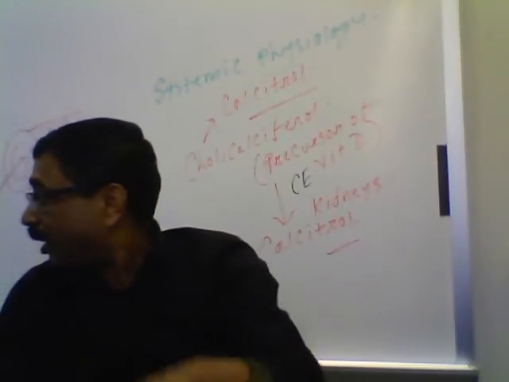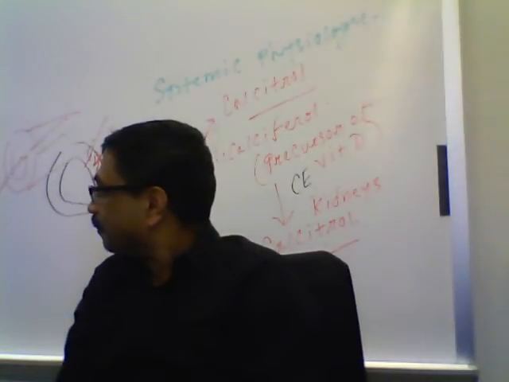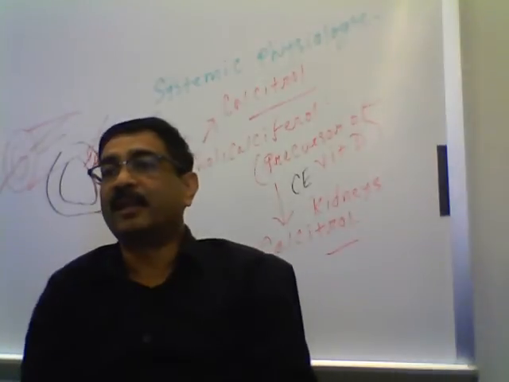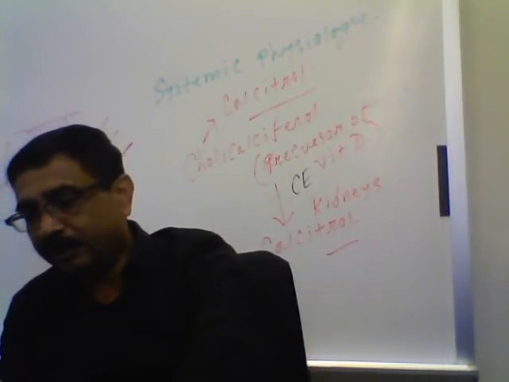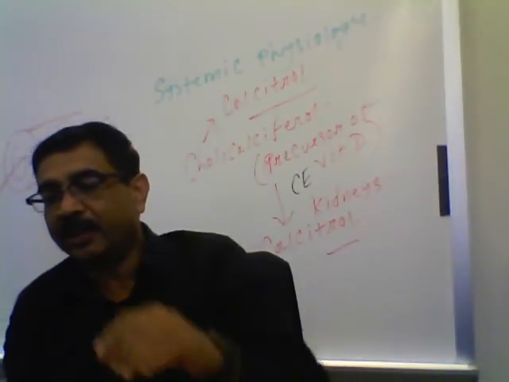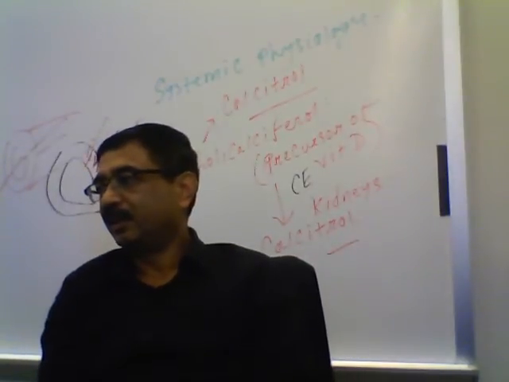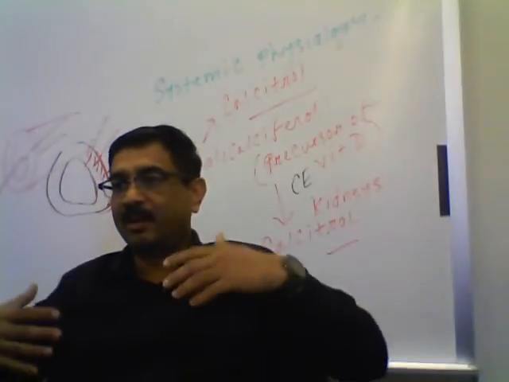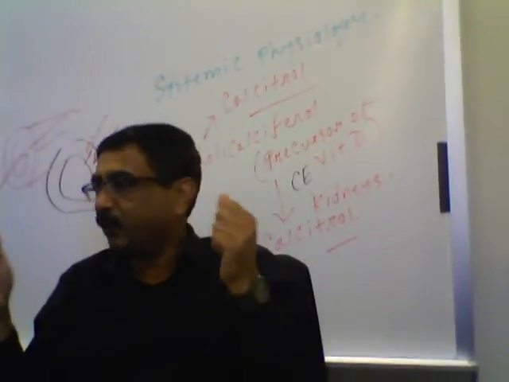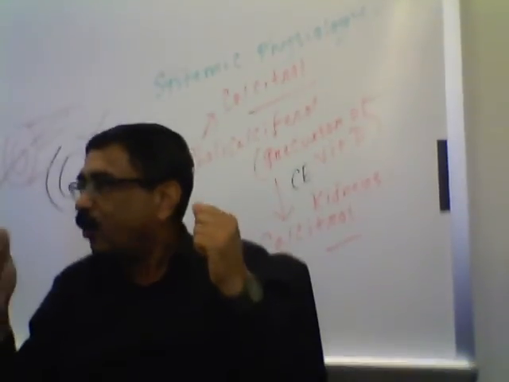So those are the important functions. Another is the production of heat. If in very cold temperature you go outside without enough clothes, your body will start to shake, right? Why does that happen?